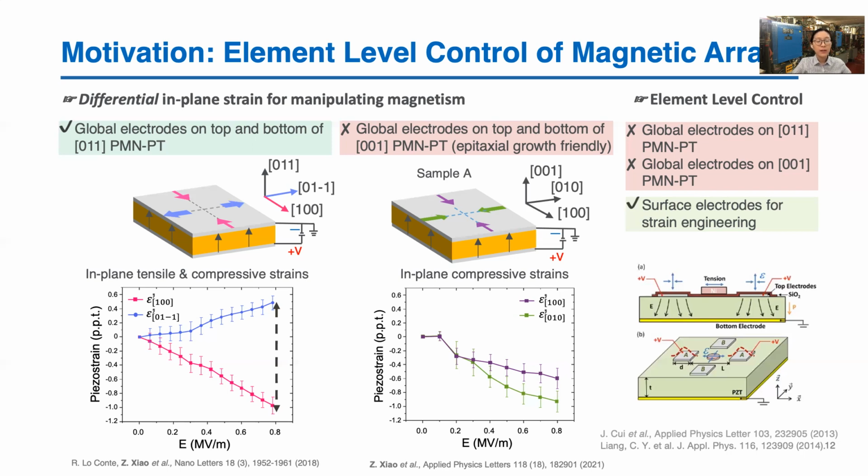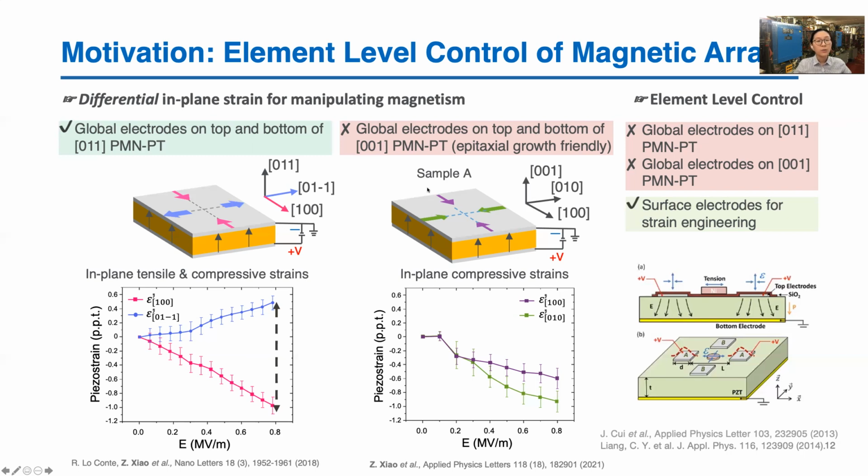We used X-ray microdiffraction to get the average strain along two principal strain directions, one along the 01-1 and one along 100. So along one direction, we have tensile strain and the other compressive strain, and then we will get a differential strain, fairly large for us to control our magnetic structures being deposited, being grown on top of these PMN-PT structures.